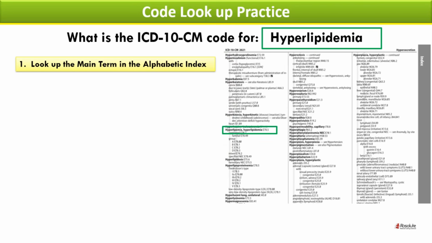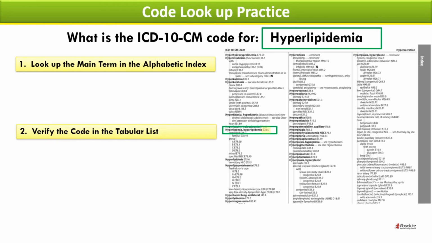It's in alphabetic order, and we found hyperlipemia and hyperlipidemia. They both mean the same thing. So this is our code, E78.5. That is our default code. A default code is a code that's listed next to your main term.